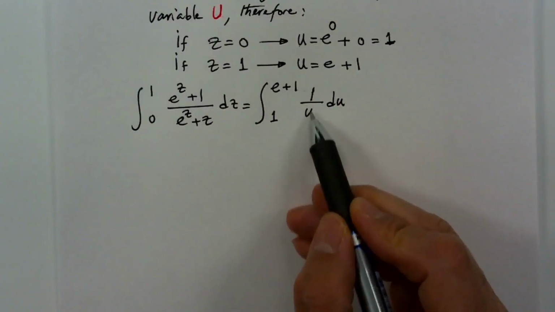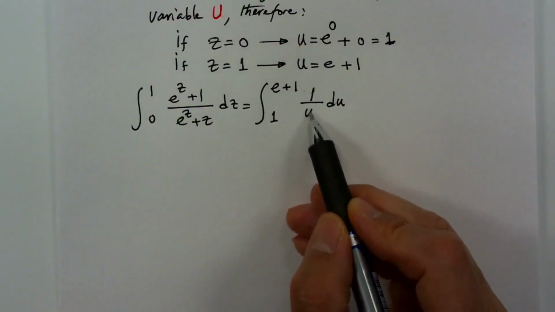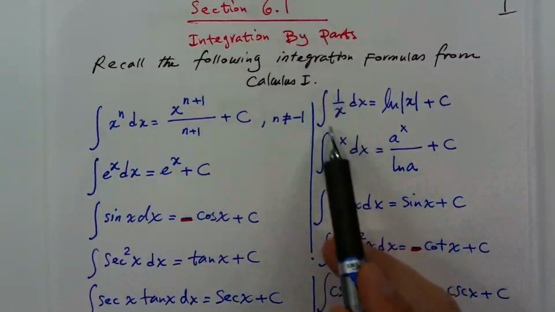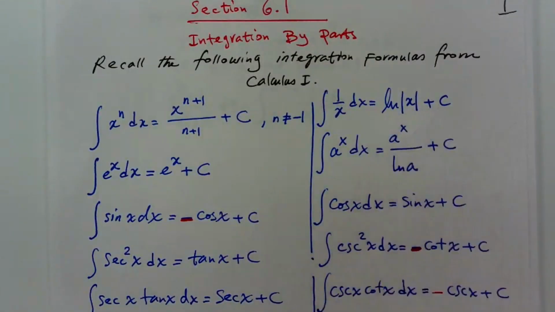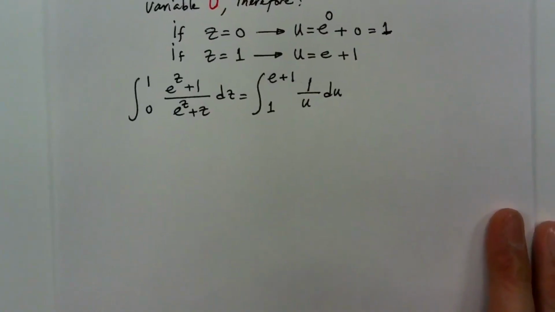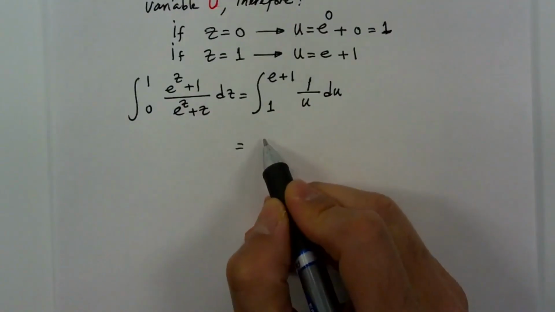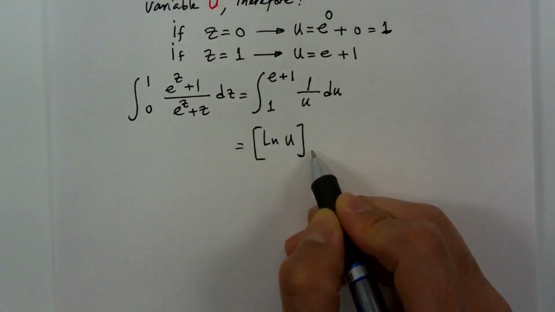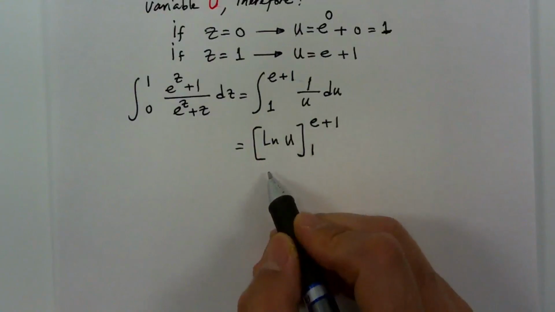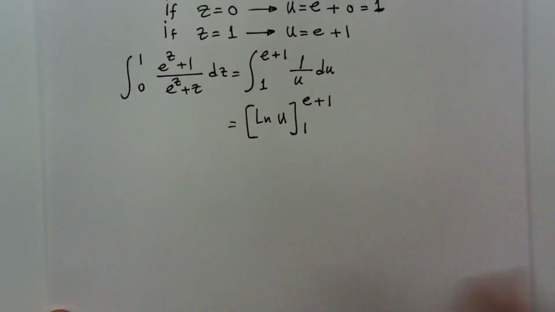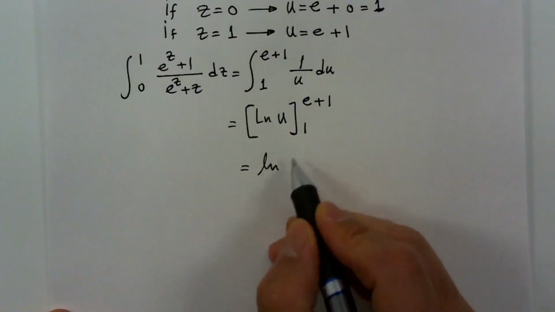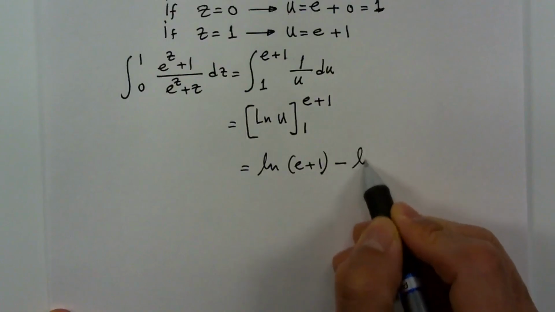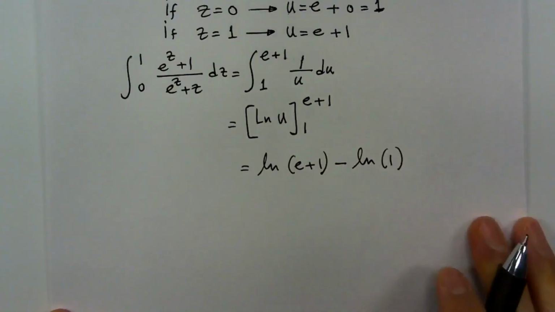Of course, you already know how to integrate this, because it's one of the formulas we have: the integral of 1 over x dx is the natural log of x plus c. So this will be the natural log of u, going from 1 to e plus 1. We evaluate this by taking the natural log of e plus 1 minus the natural log of 1.